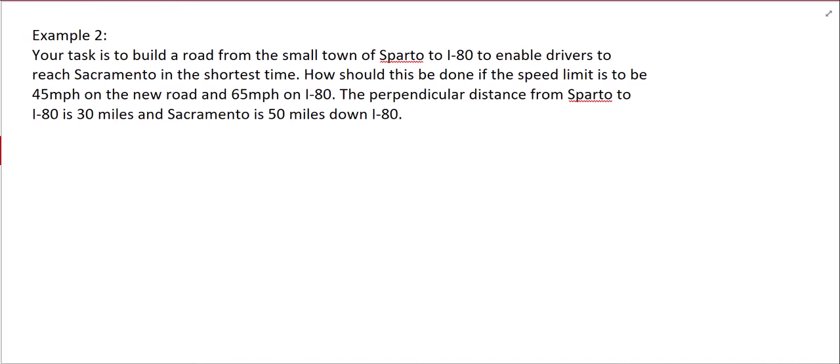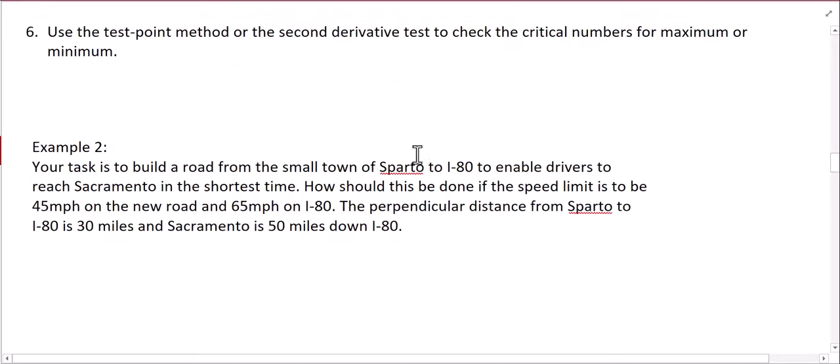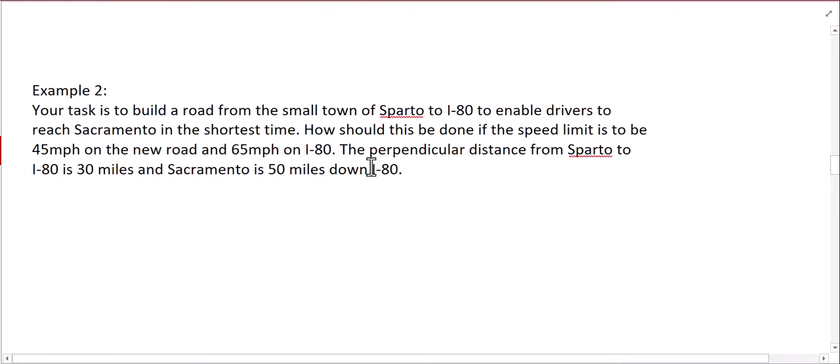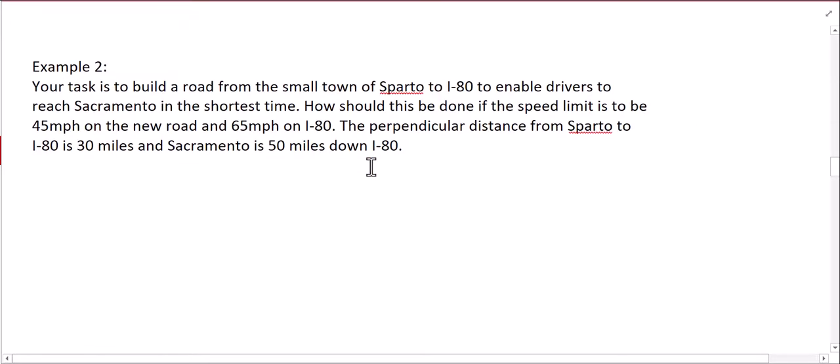Let's remember when we talked about how to solve optimization problems, the first thing is to read the problem, which is what we just did, and identify whether we need to maximize or minimize. And then what is it that we want to maximize or minimize? Keywords: largest, smallest, most, least, etc. So here, what is it that we want to do? Maximize or minimize?